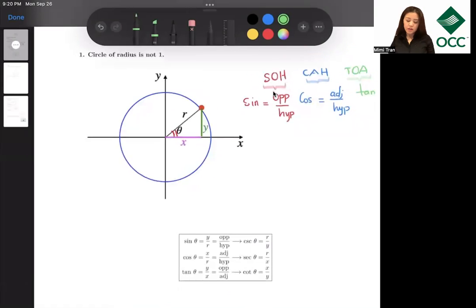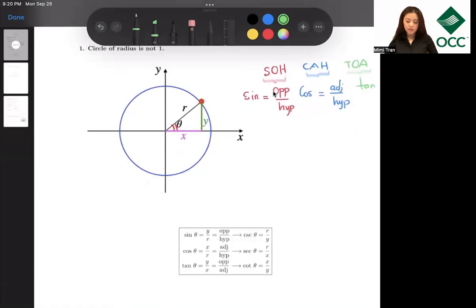So in order to find sine theta, it is equal to y, the leg y, over the radius r, or opposite over hypotenuse. Now cosecant theta is just the reciprocal of the sine theta, right? So all you do is flip the fraction. So instead of y over r, it would be r over y. And it's similar for cosine, right?